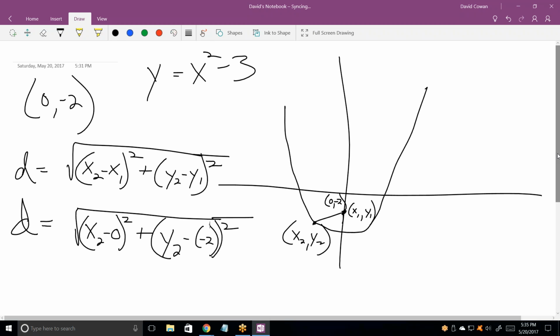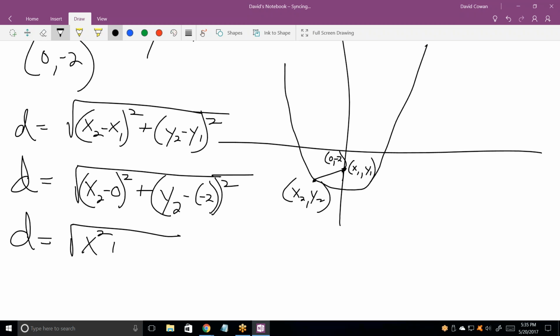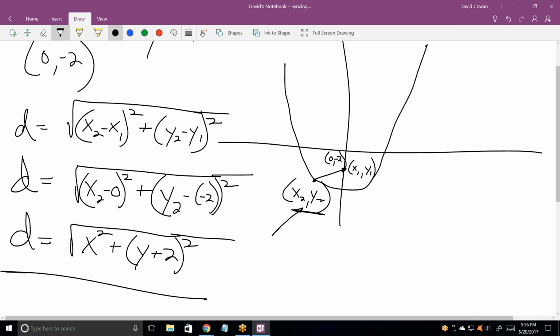Now that simplifies to the square root of x squared plus the quantity y plus 2 squared, because we no longer have the x1 and the y1. What we don't know is where x sub 2 and y sub 2 are. So when I refer to x and y in this formula, I'm referring to that x and y. But this is the distance between those.